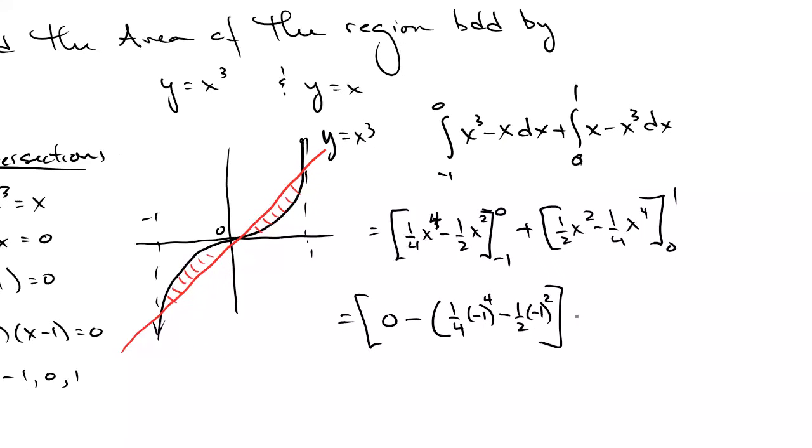Likewise, in the second part that we're going to evaluate, I start with the 1, and I end up with 1/2 times 1 squared minus 1/4 times 1 to the 4th. And then when I subtract off these two terms evaluated at 0, that's just a 0.